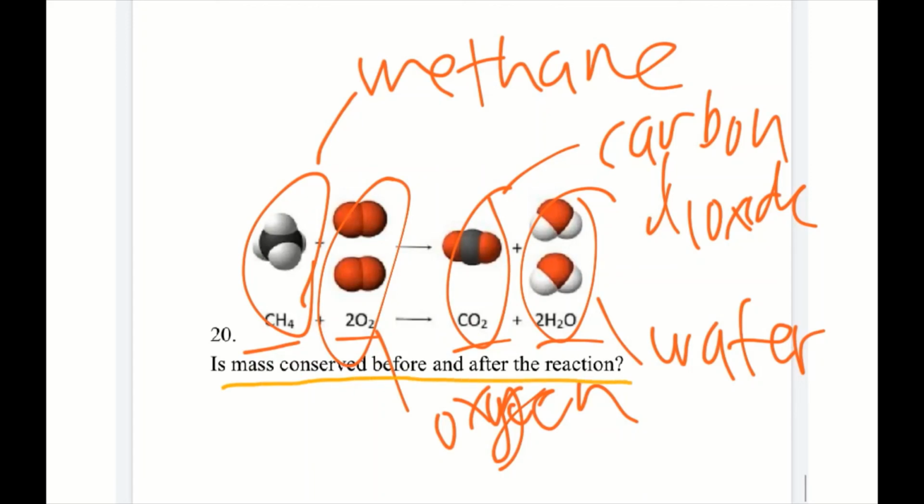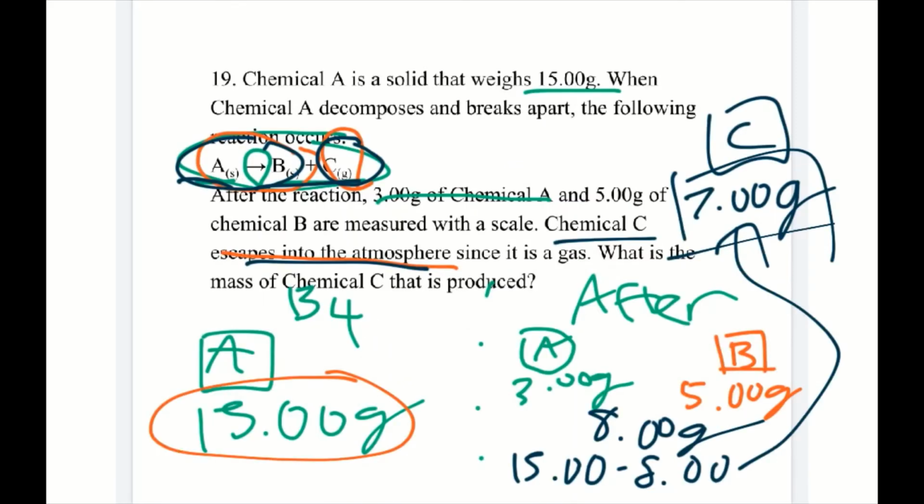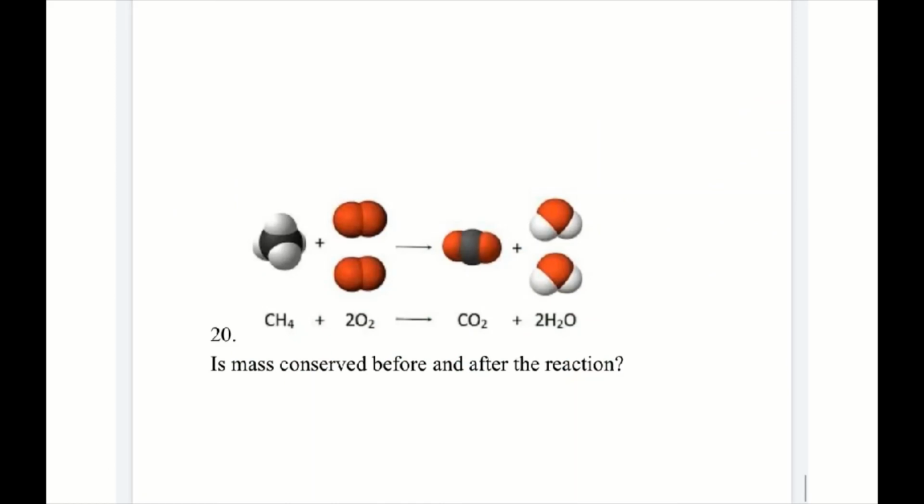So let's see if mass is conserved before and after the reaction. In other words, are the number of atoms on both sides the same? Because remember, the conservation of mass means that before and after, the amount of stuff or the amount of mass stays the same. In this case, we're not using numbers, we're using atoms.